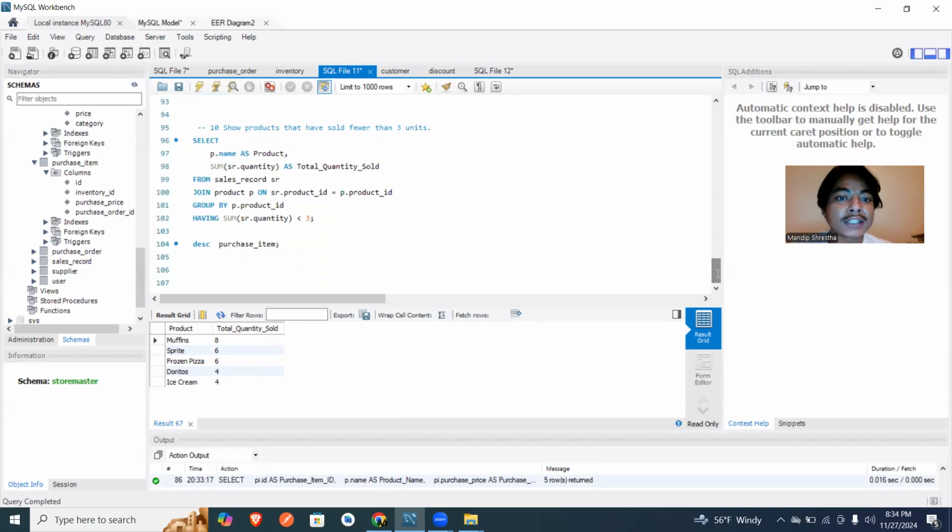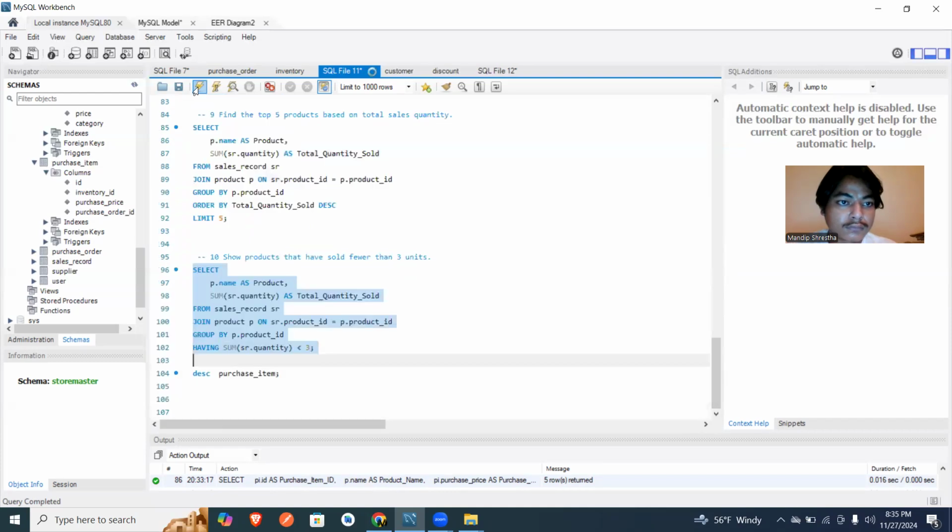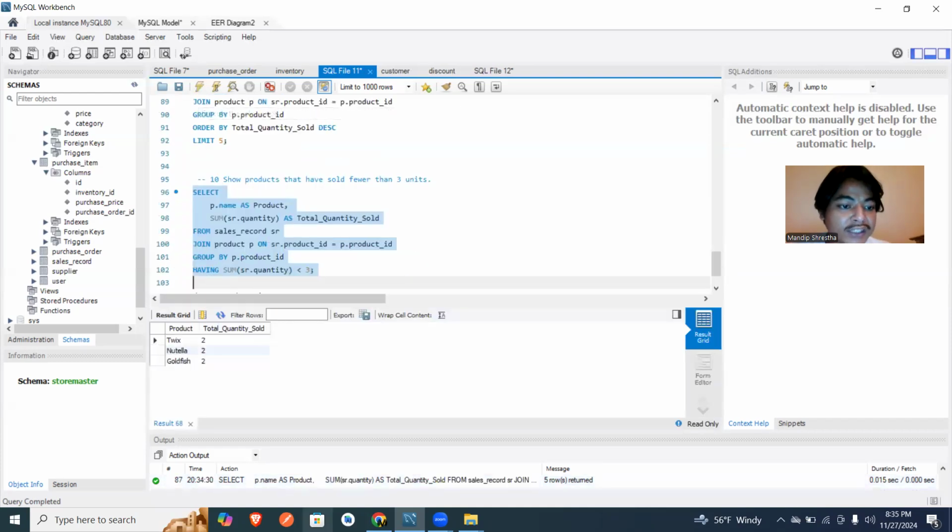Similarly, my last functionality shows the products that have been sold in very few quantities. If you see over here, Twix sold 2, Nutella 2, and Goldfish is sold 2.